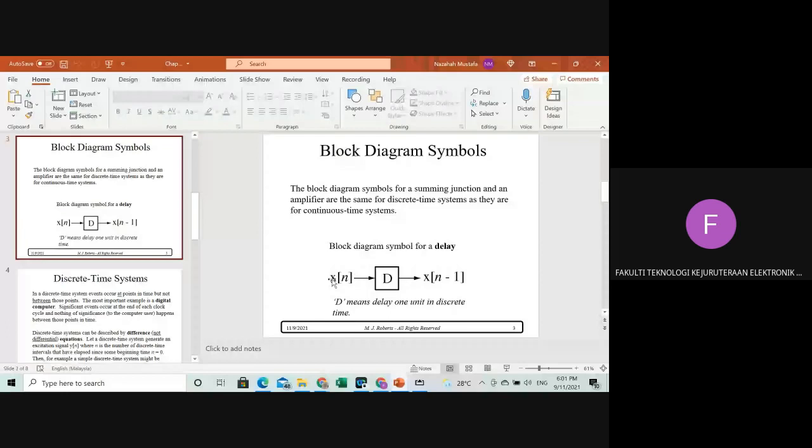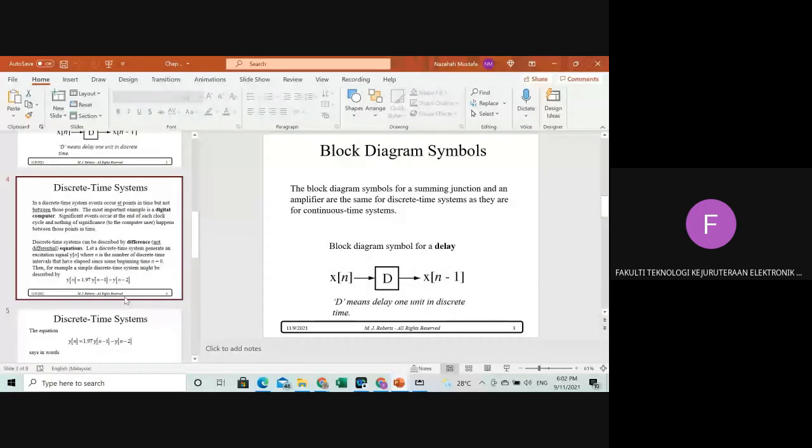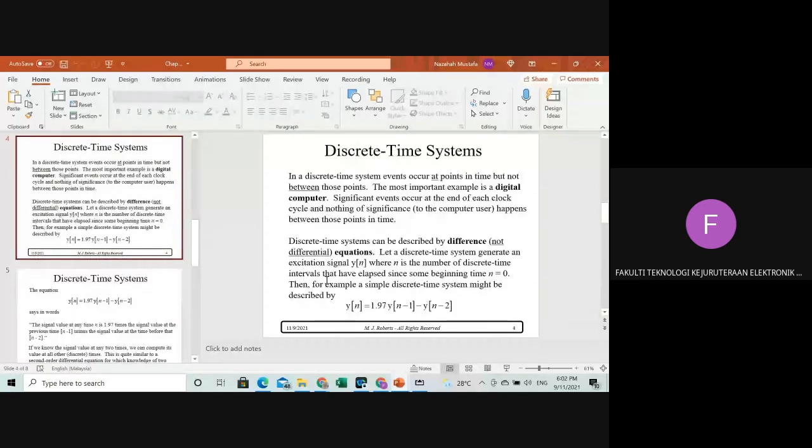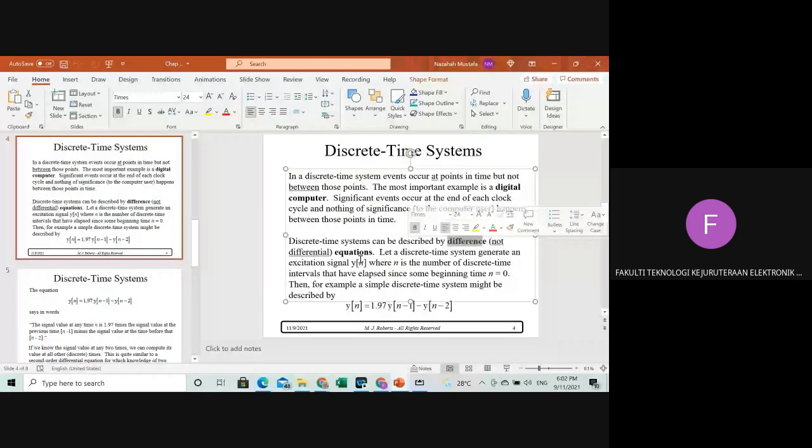This box shows a delay. When a signal at n goes into that box, you have a delay by 1 unit. Difference equation, not differential.